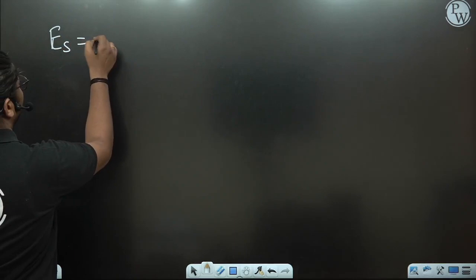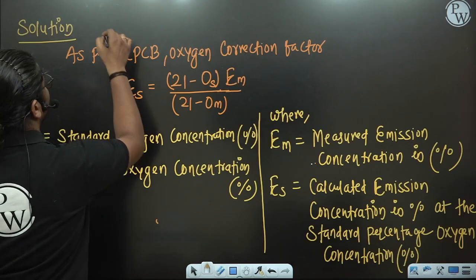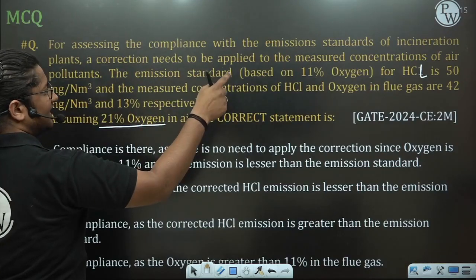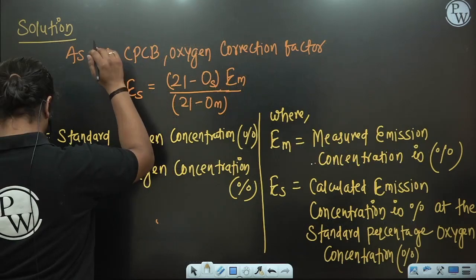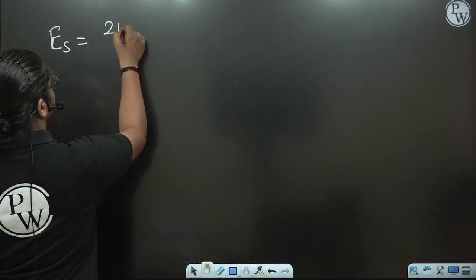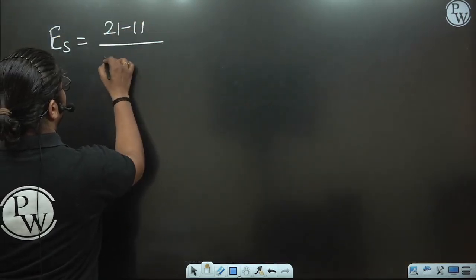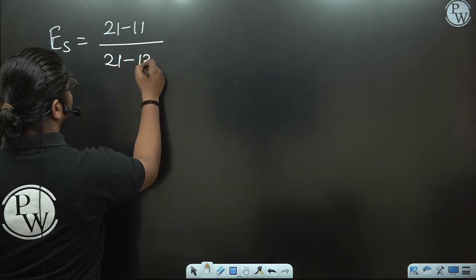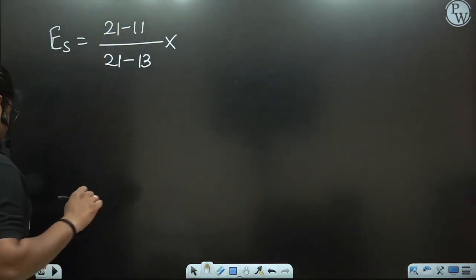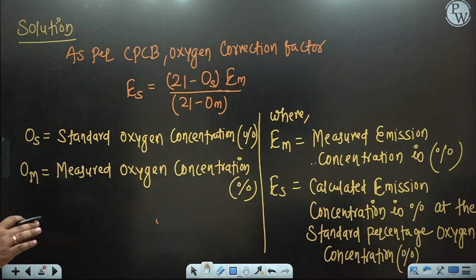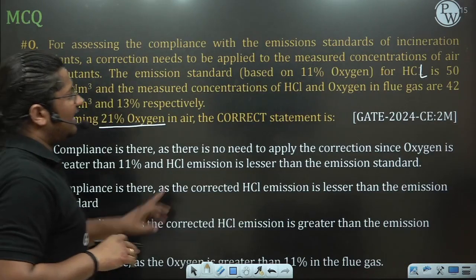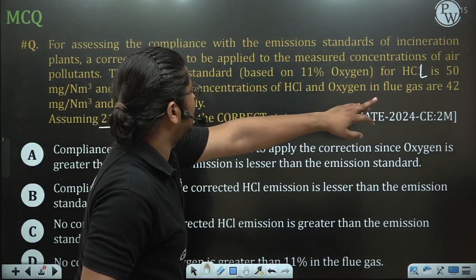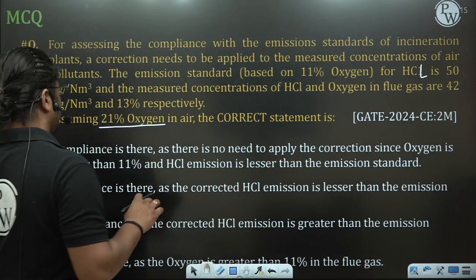So ES equal to 21 minus OS, OS we have 11%, divided by 21 minus measured, we have 13, into the EM which is mentioned to you. How much EM have they mentioned? They have mentioned the measured emission value as 42 milligram per normal meter cube.